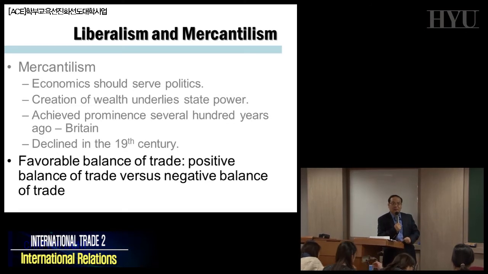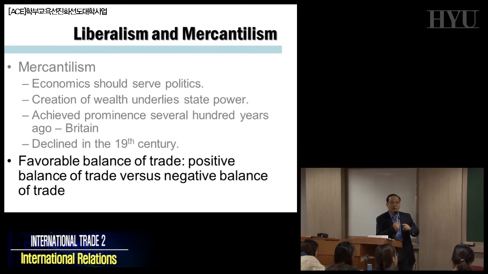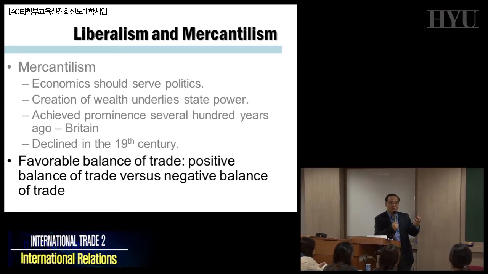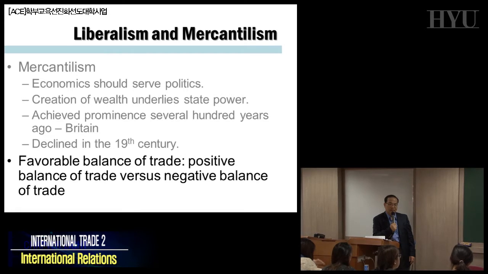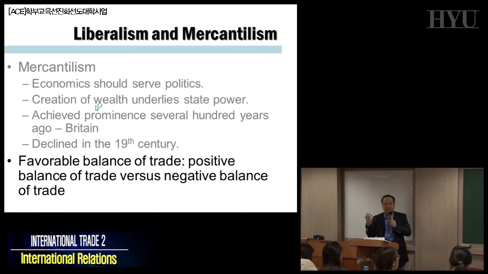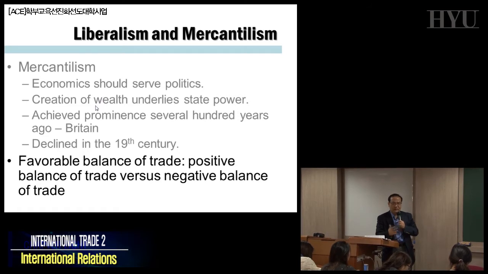Economically dysfunctioning, but militarily also, the country will be in crisis, right? But look at America today. The way America prospers is exactly the other way around. America prospers exactly because they have a negative balance of trade, right? So mercantilism in the 19th century and today has a very different dynamic, very different philosophy. The way it works is almost 180 degrees different.